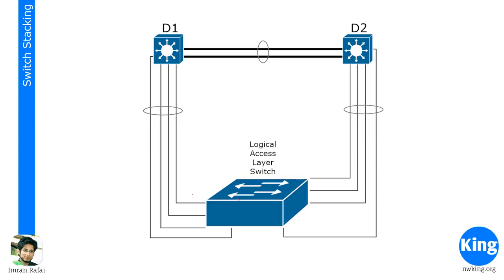Now if you remember, each switch has one connection to D1, so there are 4 switches and 4 connections to D1. You can combine those connections to D1 and make them into an EtherChannel. All the connections going to D2 can become an EtherChannel, and between D1 and D2 there is already an EtherChannel, right?